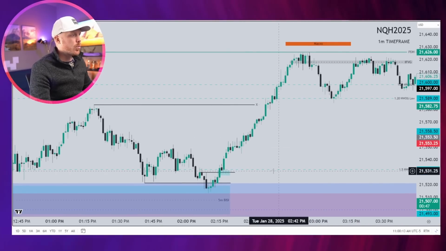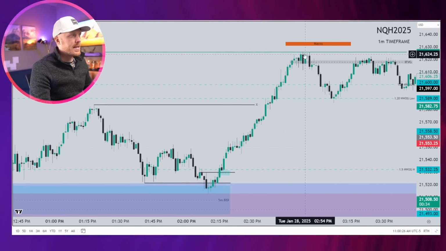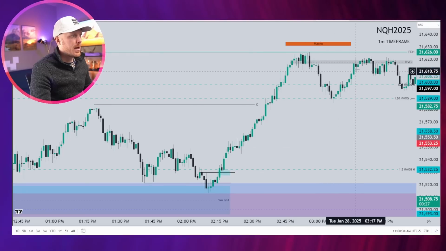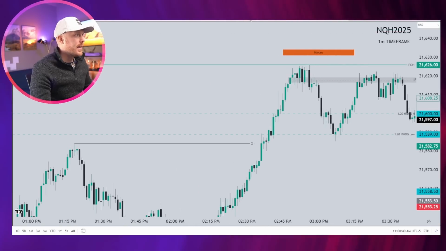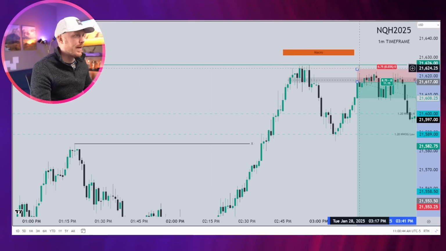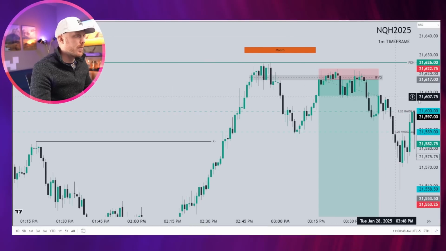Now, here's what ICT is stating in his video, is that the high was put in right here. That when price comes back up into this level, he was confident that price was not going to move higher. In fact, he had a stop loss that was, I believe, like 5.5 handles. Yeah, that's pretty much what his entry was.